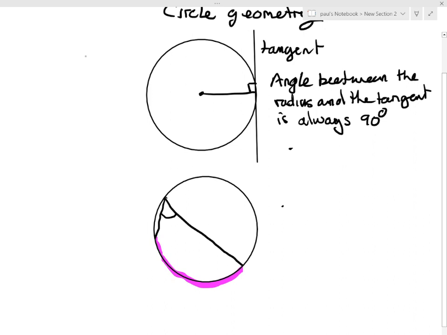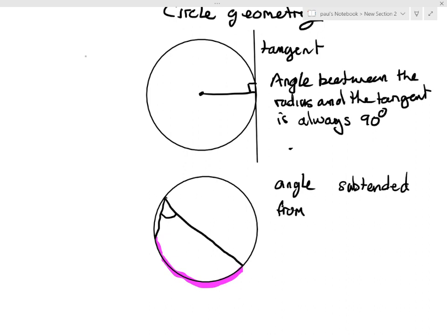So this is an angle subtended, funny word this, subtended from an arc. That's an arc.